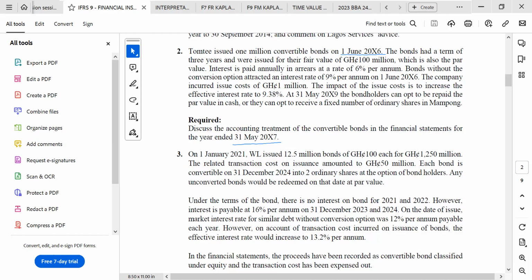Bonds without the conversion option attracted an interest rate of 9% per annum on 1st June 2x6. The company incurred issue cost of 1 million. The impact of the issue cost is to increase the effective interest rate to 9.38. At 31 May, the bondholders can opt to repay the par value in cash, or they can opt to receive a fixed number of ordinary shares.